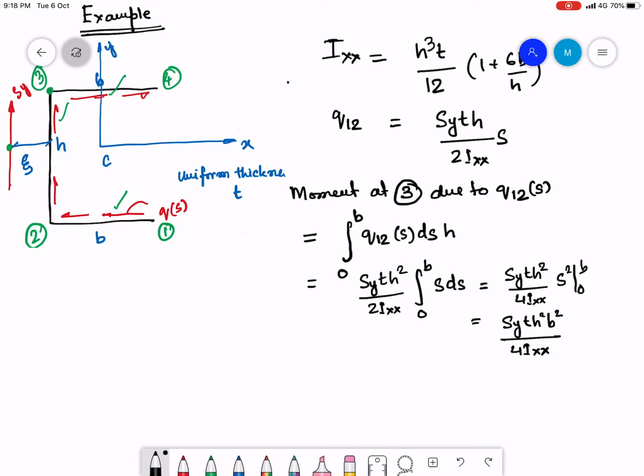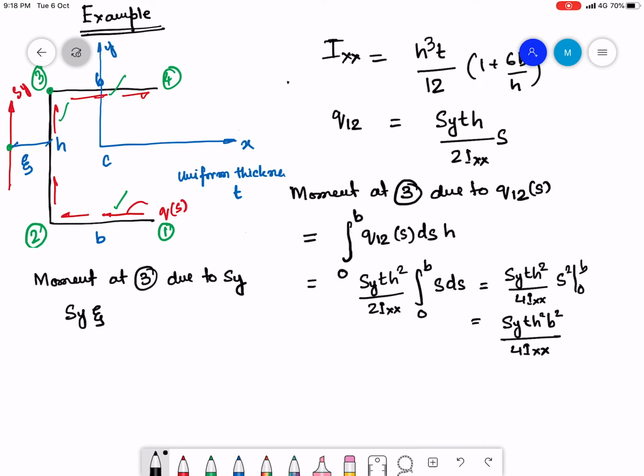Therefore, the moment at 3 due to Sy is going to be Sy into zeta.